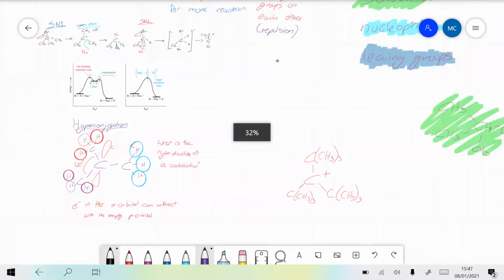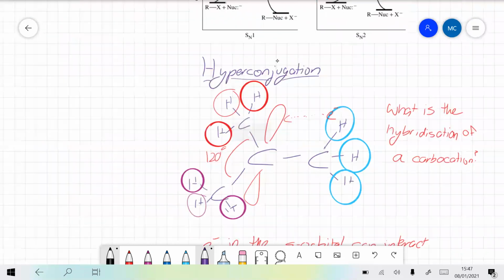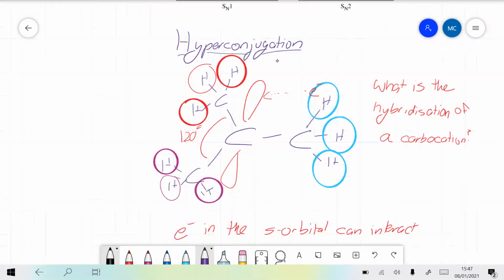For the orbitals, okay, what happens is this. This carbon is rotating, right? When that carbon is rotating, it's going to get the hydrogens close to the empty p orbital. Therefore, there will be some interaction.